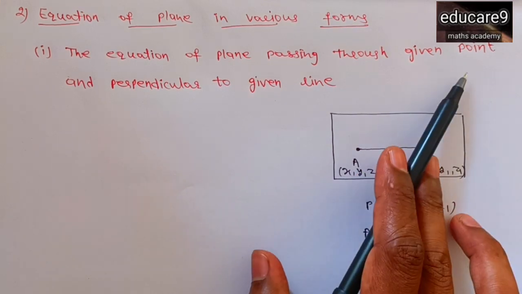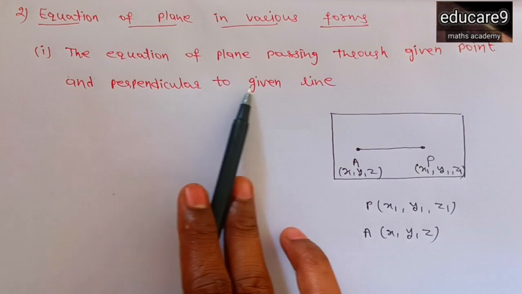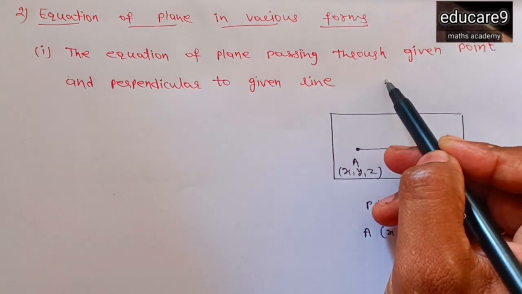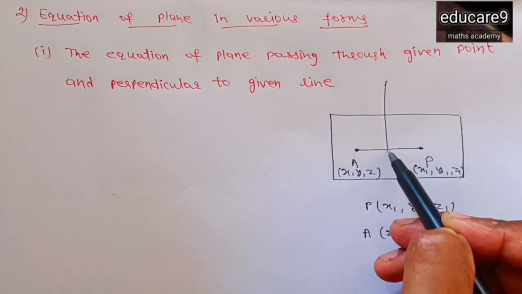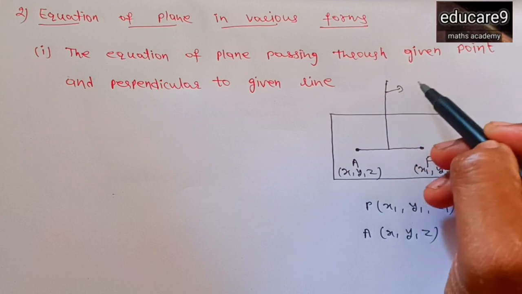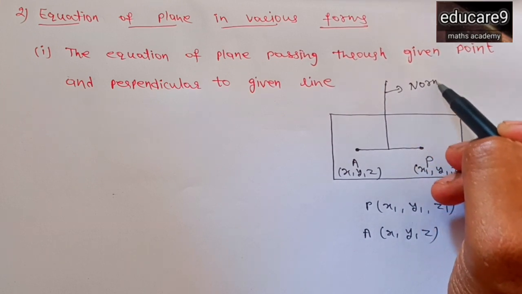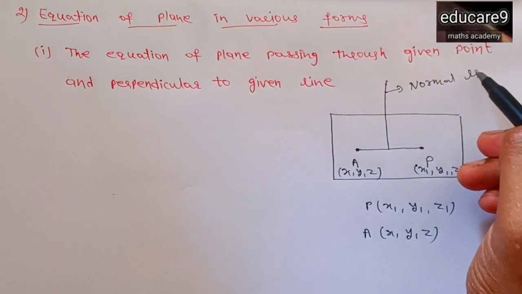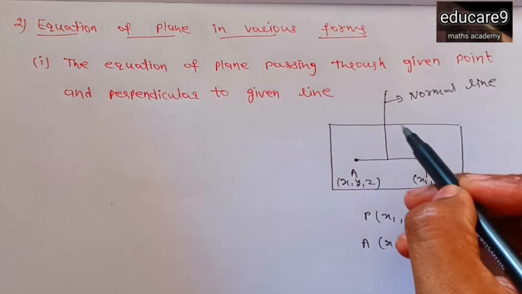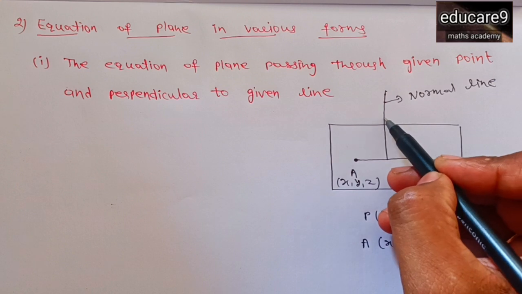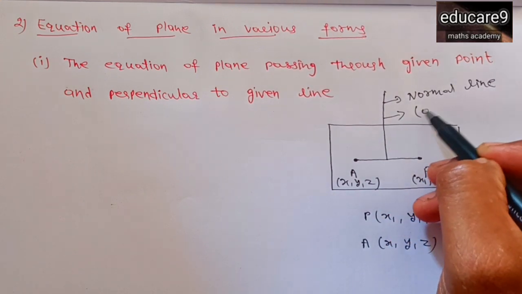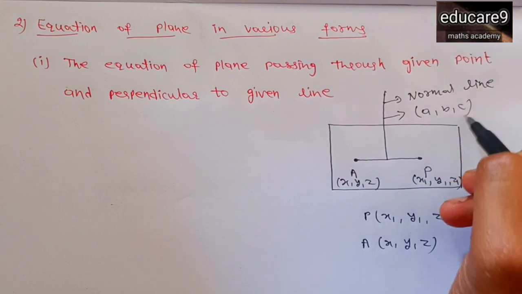And one more condition: it is perpendicular to the given line. If you draw a line perpendicular to the plane, that line is called the normal line, or simply the normal to the plane. We can consider the direction ratios of this normal as a, b, c.